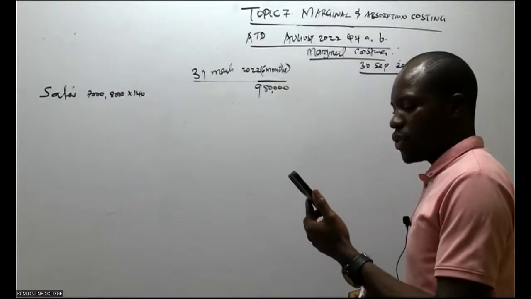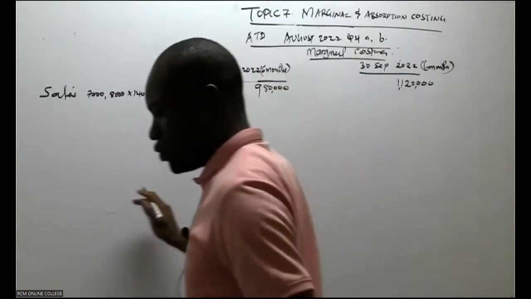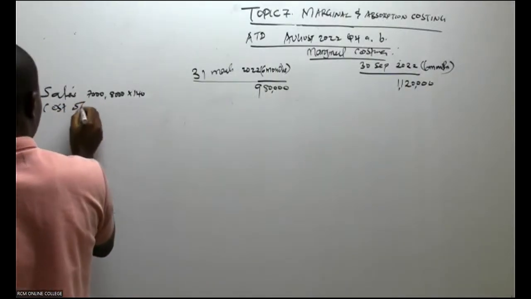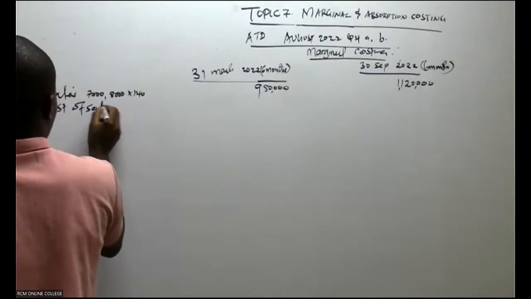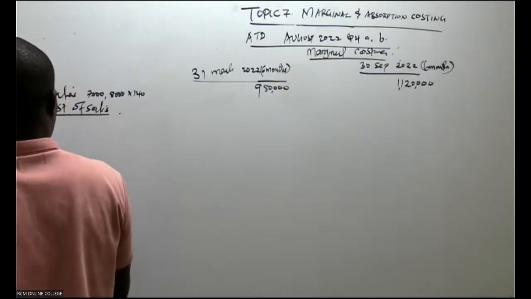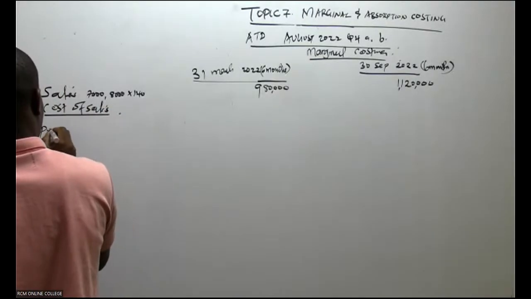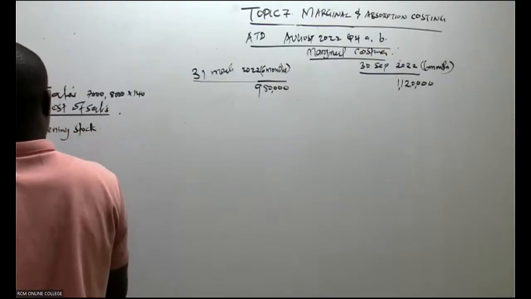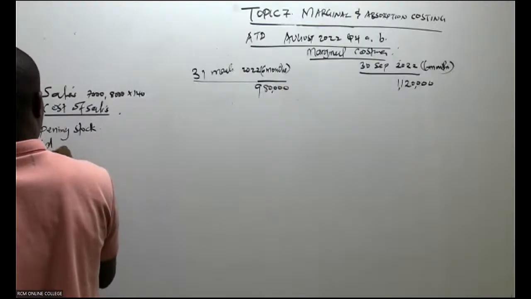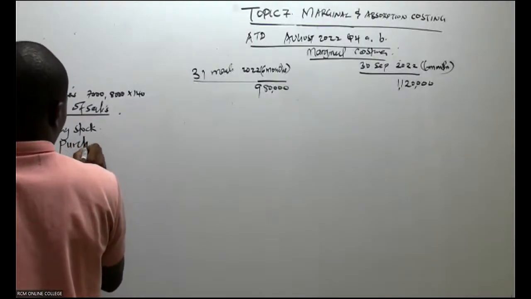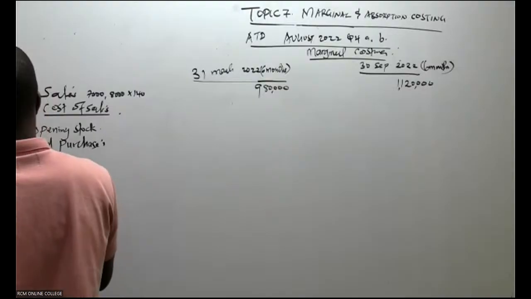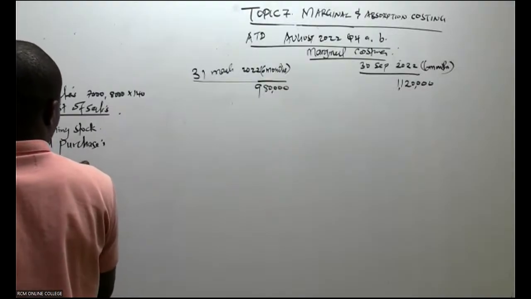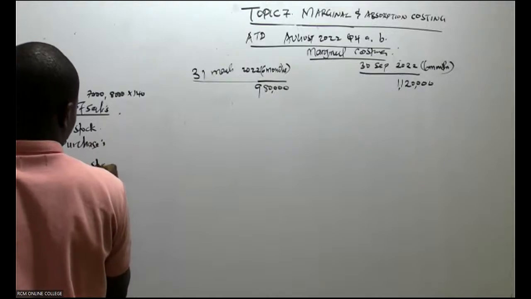Then, after having sales, you need to give us what we call cost of sales. And the cost of sales, that's where we are going to have our opening stock, then we need to add purchases, then we need to less closing stock.